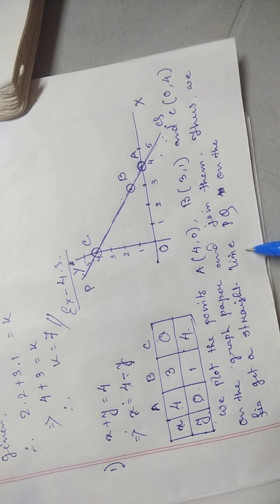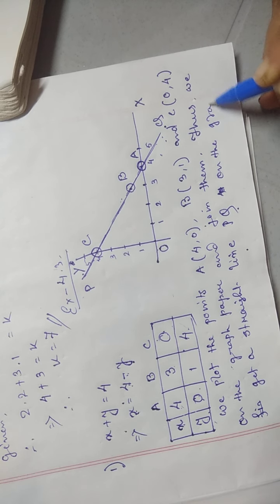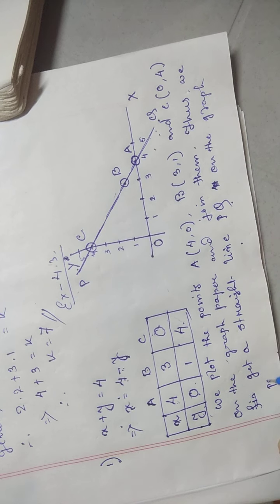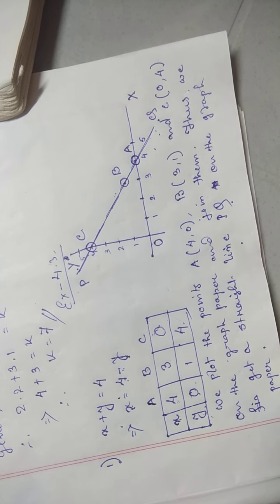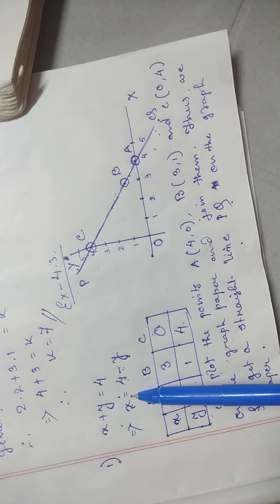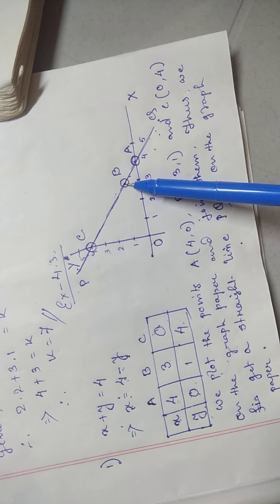Thus we get a straight line PQ on the graph paper. Okay. So this is your representation of a linear equation on the graph paper.